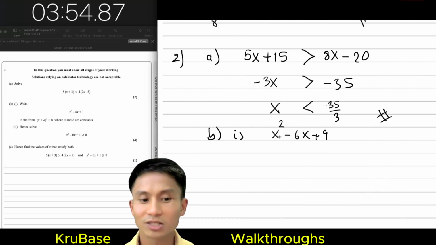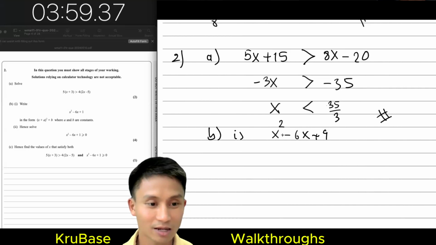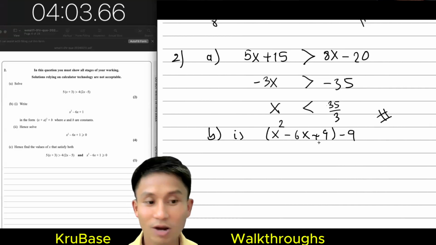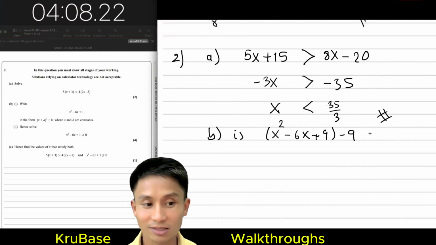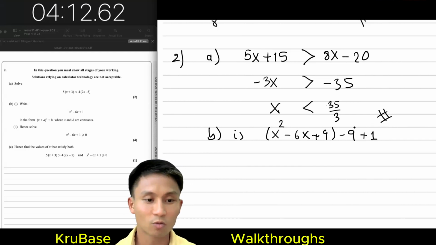But because we can't just add a number to this given quadratic without compensating it back, I'm just going to compensate that outside the brackets here I just made up. So I just add a minus 9 there to make it the same, and don't forget a plus 1 here. So if you're not happy with this, try work backwards here.